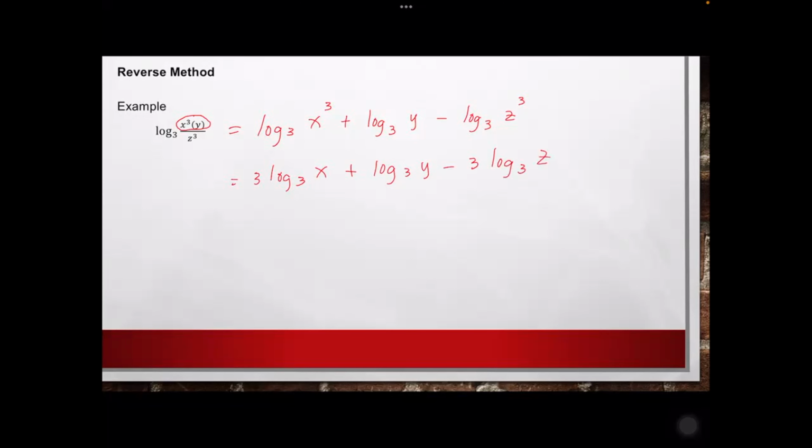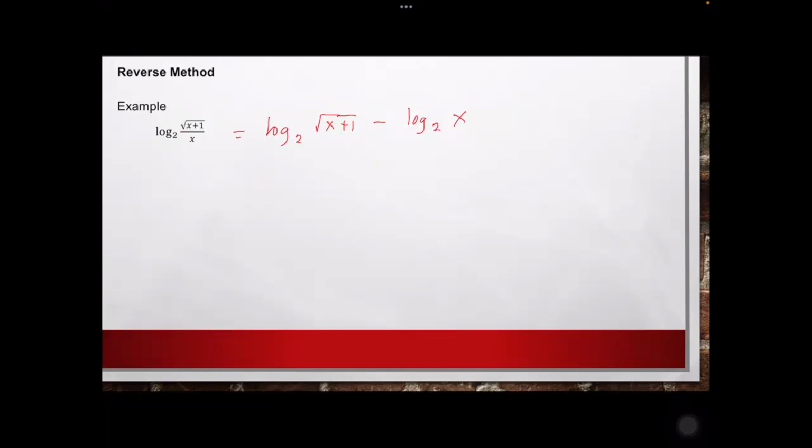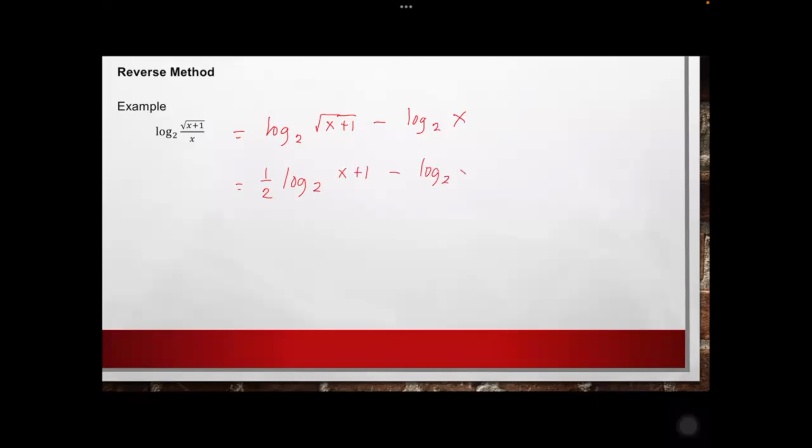So, ibinaba lang natin yung mga exponent mo. Applying the power property. Okay? So, in this case, ito naman, magkakaroon tayo dito ng 1/2 plus logarithm base of 2. And then this will be x plus 1 minus logarithm of base of 2 then x. Yan lang siya.